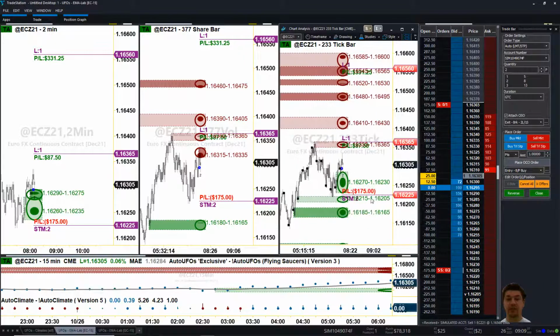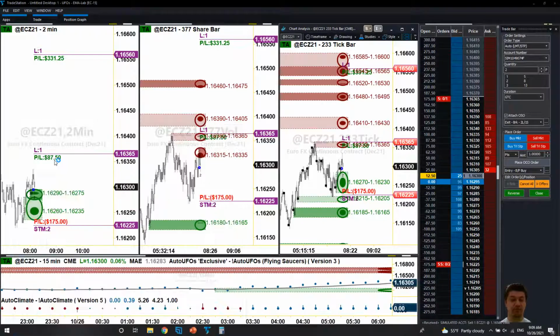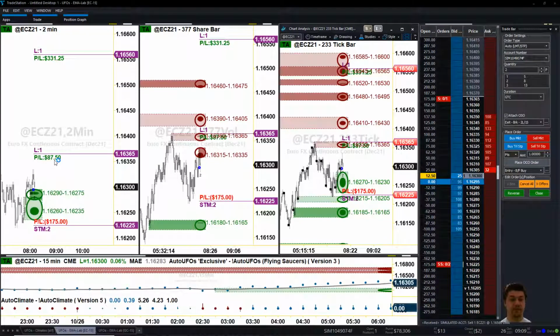Everything's done. We have our T1. We have our stop. So we're risking $175 to make pretty much what we have here, which is 331.25 plus 87. So I would say that's about close to 3 point something. Let's get it exact.